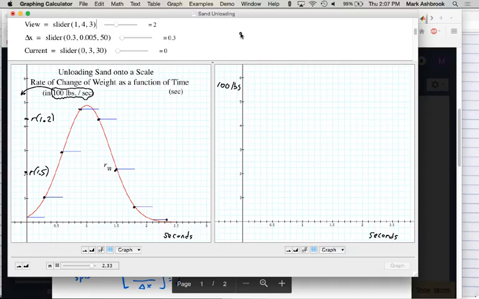Okay, so I'm showing 1 through 3 now. One thing I noticed a lot of you overlooked was showing the values of the rates. Where would you show the values of the rates? The y-axis. The rate of change function, its dependent variable is rate of change. And you see values of the dependent variable on the y-axis.